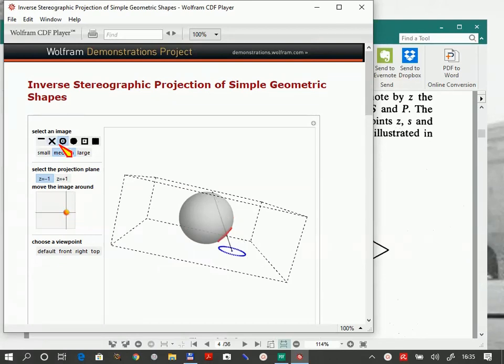And if you want, you can do it with a square, and other things. Okay. Just to see what happens if you project something which is on the sphere onto the plane through this, which is called, as I told you, stereographic projection.